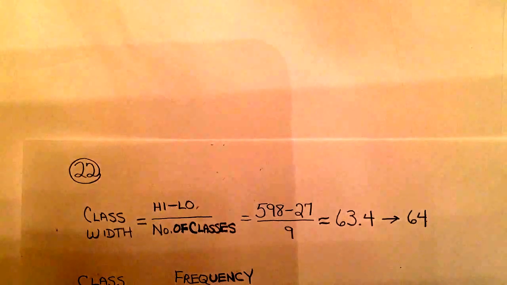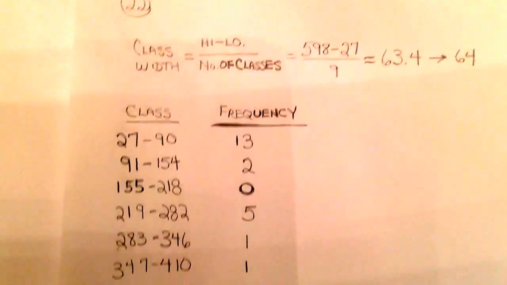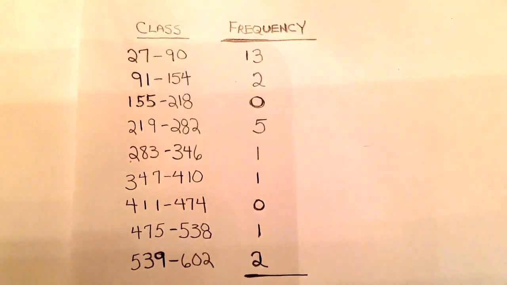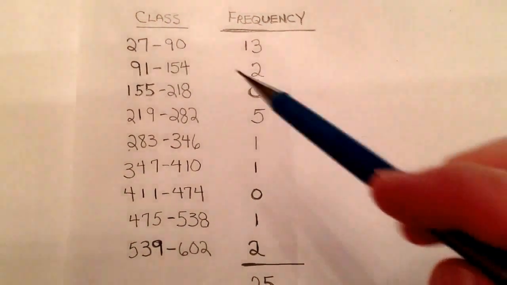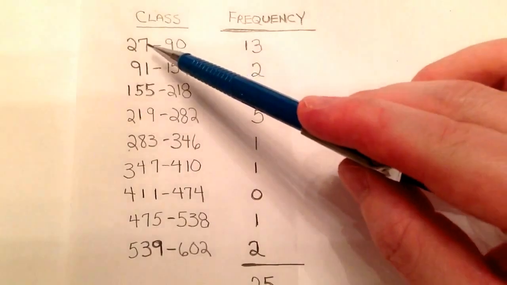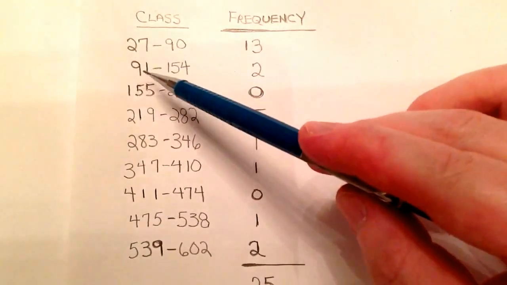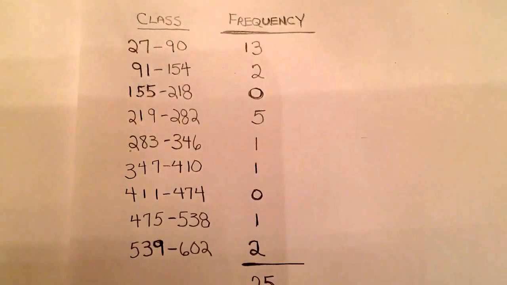In looking at the classes and the corresponding frequencies, again we have the minimum value at 27, and we are adding 64 throughout, proceeding from one lower class limit to the next. The second lower class limit we have at 91.